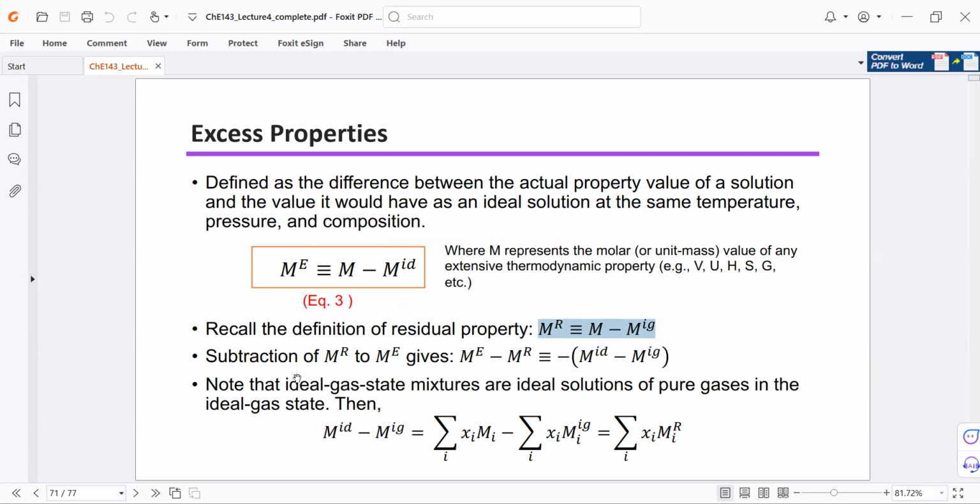And then remember that we can use the summability equation, okay? The summability equation would give us the summation of the mole fraction times the residual property.